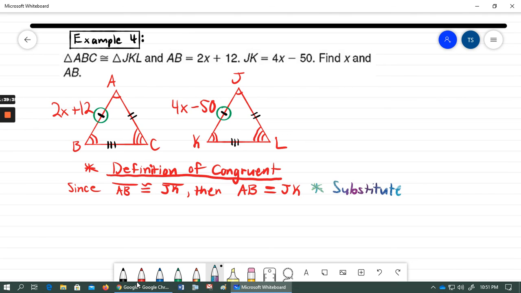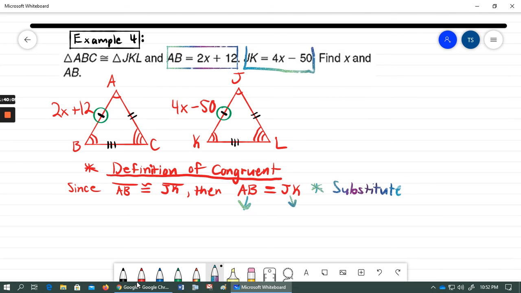So let's substitute what we got here. Since we have the statement of AB being equal to JK, they told us what the length of AB was, so let's plug that in.